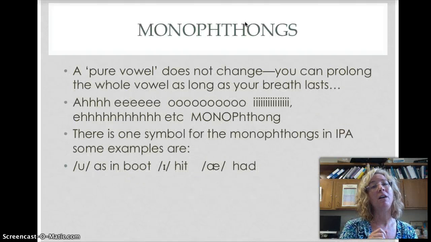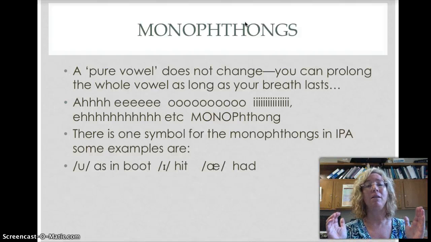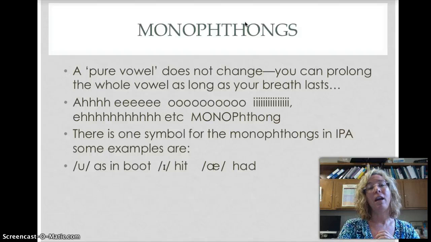Vowels are categorized as monophthongs or diphthongs. We'll talk about monophthongs first. Monophthongs are what we call pure vowels. They don't change. You can prolong the whole vowel as long as your breath lasts. So these would be like ah, and I could literally, hopefully, hold on to that for 20 to 30 seconds.